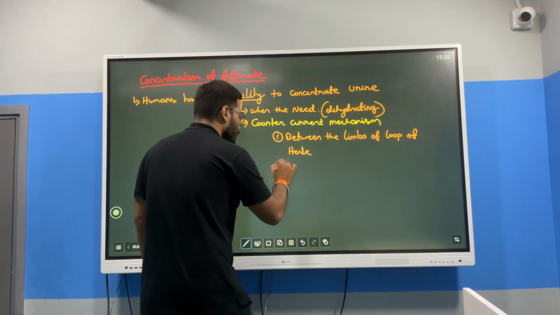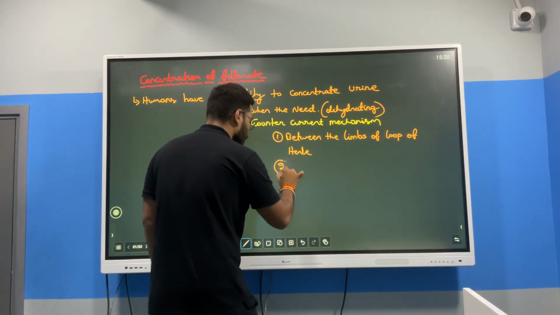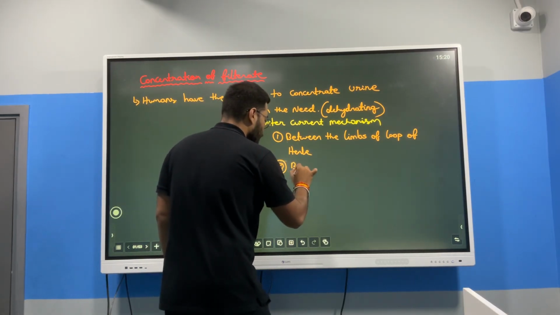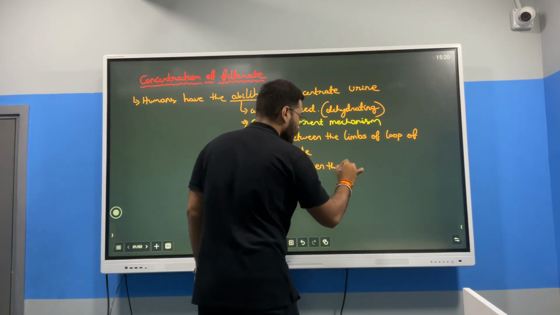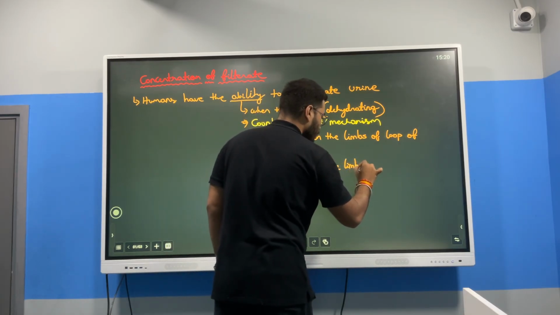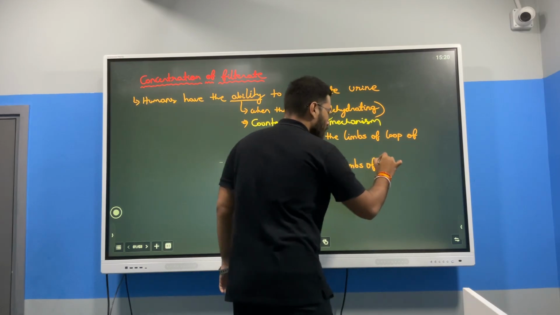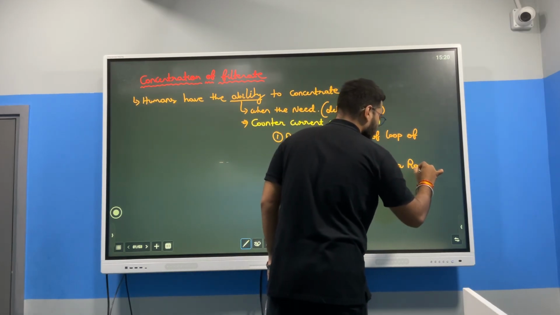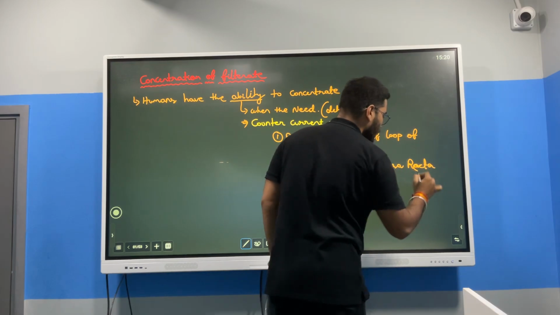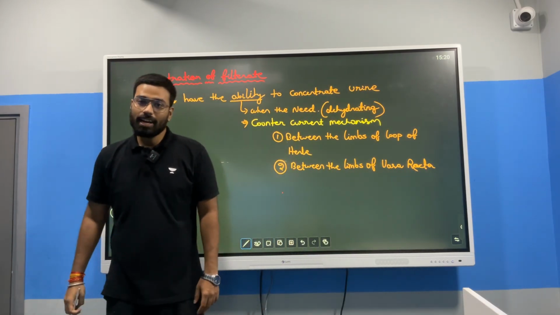The next place where the counter current mechanism occurs is between the limbs of the vasa recta.